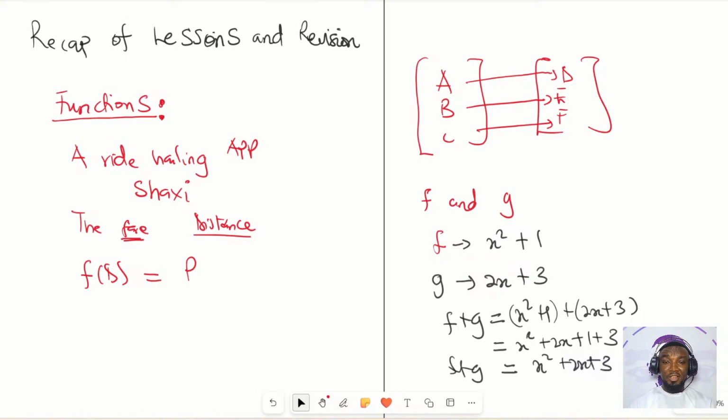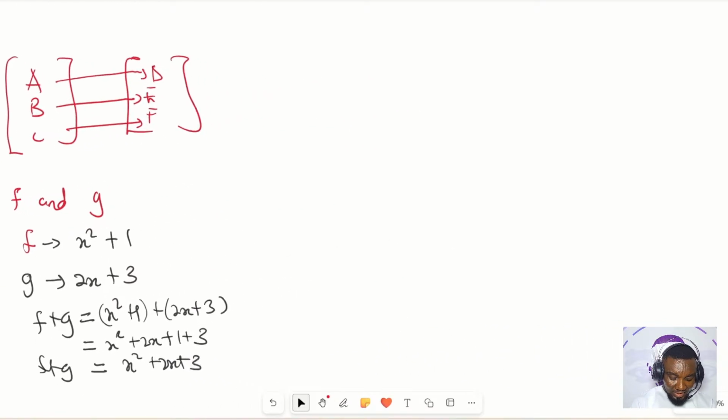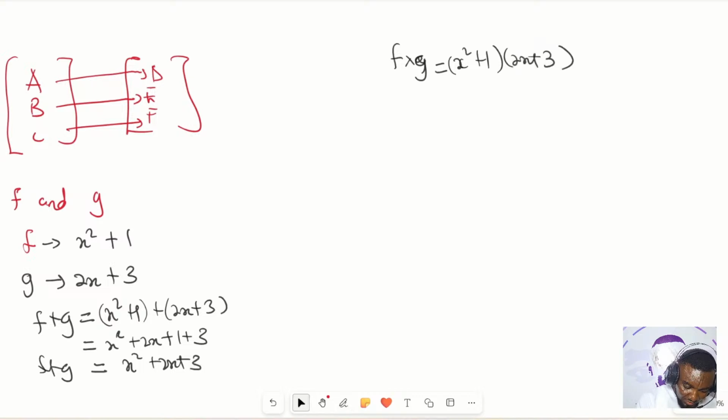So when we have functions, when we are evaluating them, we can sum them, and then we can as well multiply these two functions. So we can have f multiplied by g, which means we have x squared plus 1 and then the other function, which is 2x plus 3, the g function.